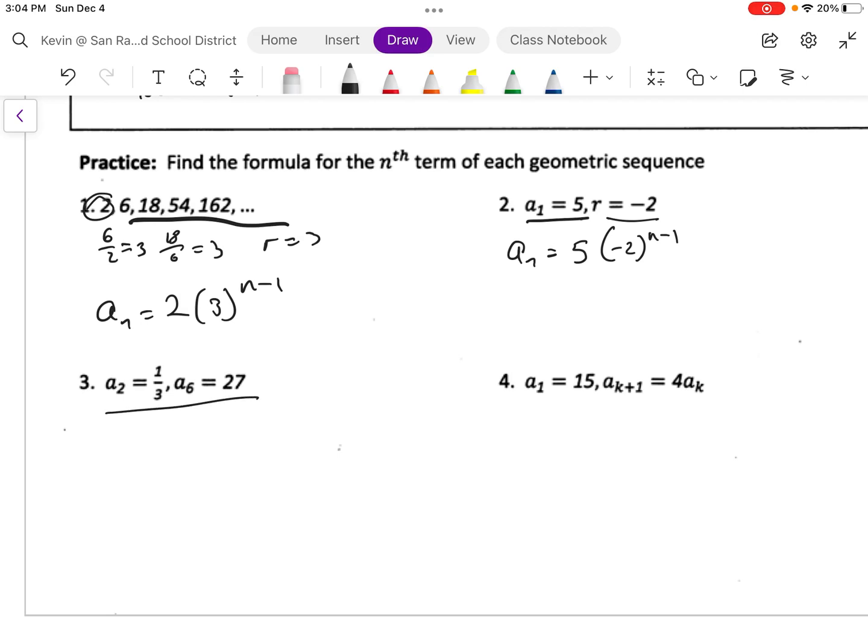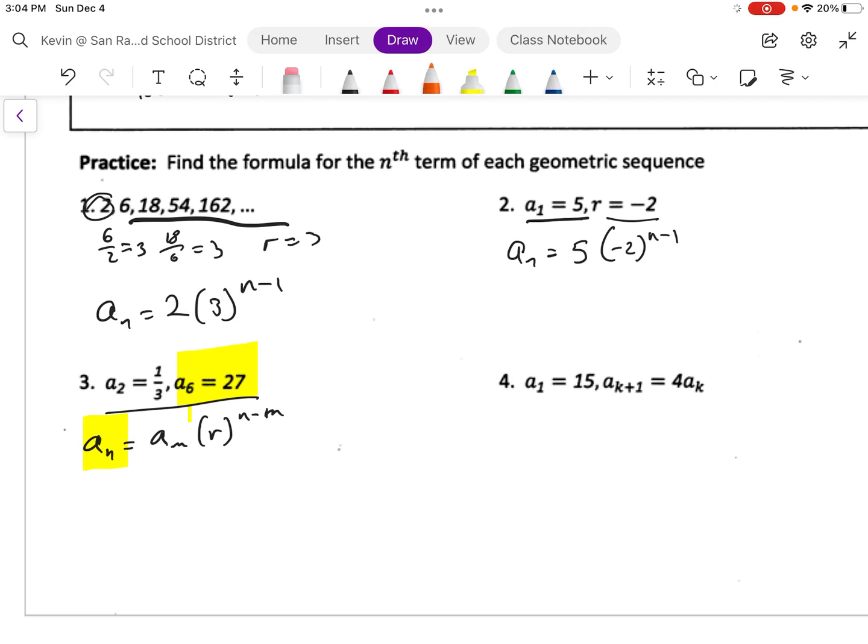So in this case, we have 2 terms. We don't have the r. But first we're going to use our formula, a sub n equals a sub m times r to the n minus m. The term that is, let's say, the furthest away, the larger term, so the 6th term, is always going to be your a sub n.